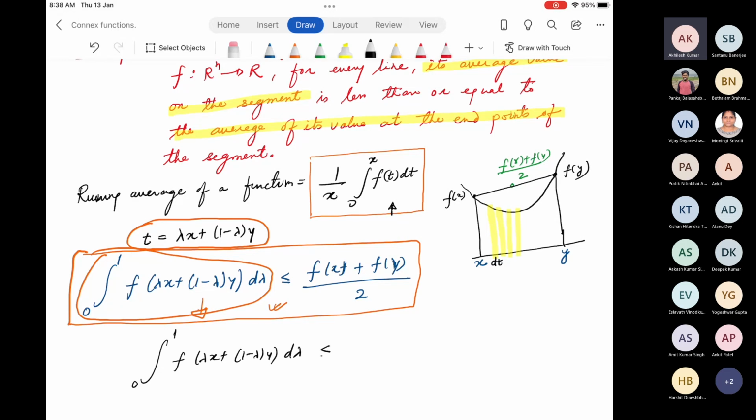By the convexity of f, I can write it as the integral from 0 to 1 of lambda f of x plus 1 minus lambda f of y d lambda. Is this correct?